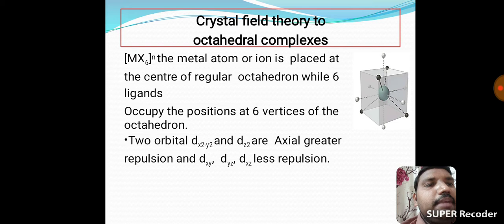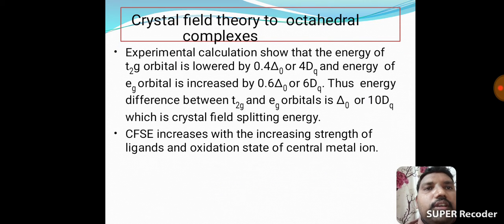This is the central metal atom, surrounded by 6 ligands. Experimental calculation shows that the energy of the t2g orbitals is decreased by 0.4 ΔO, where ΔO is the octahedral splitting energy, and the energy of the eg orbitals is increased by 0.6 ΔO.